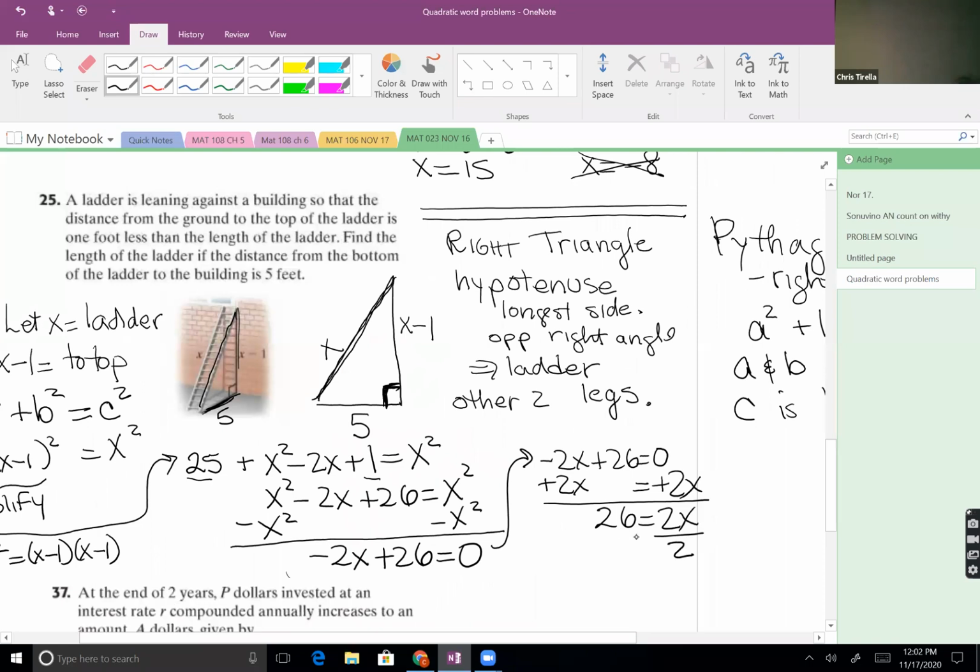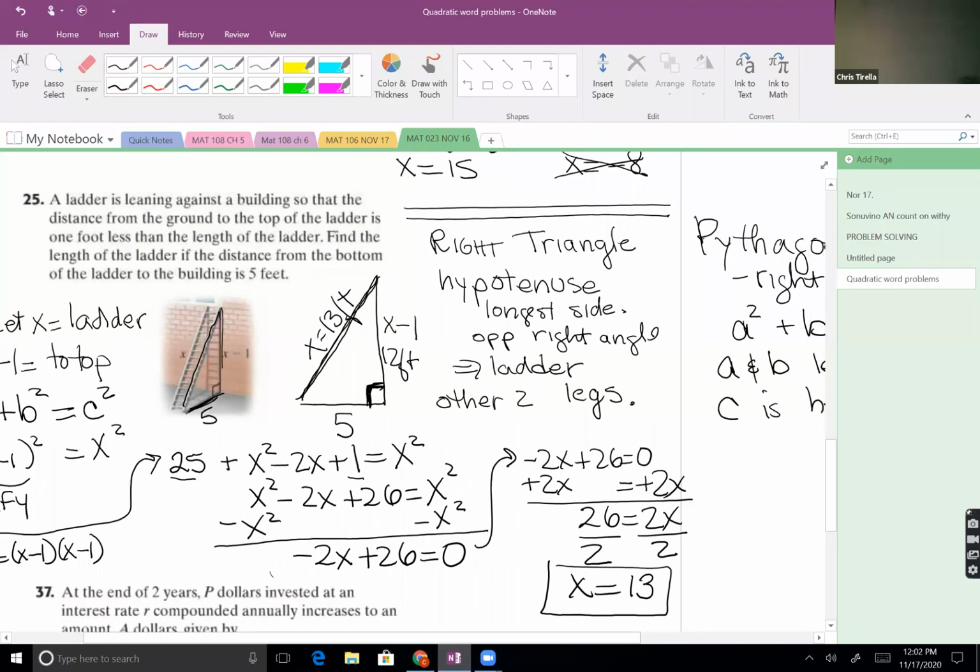And when I divide by 2, I get x is 13. So my ladder is 13 feet. It's going up 13 minus 1, or 12 feet on the wall.